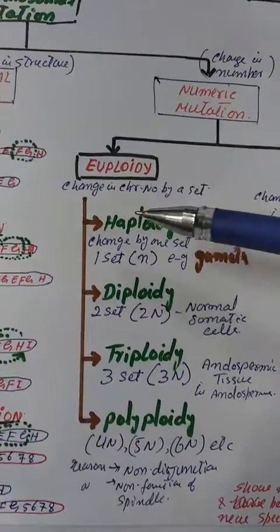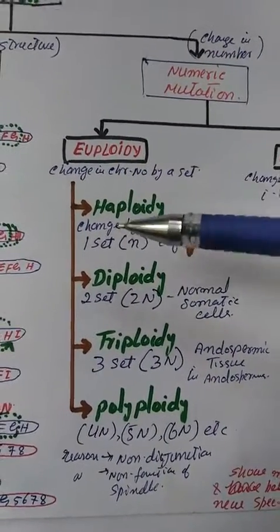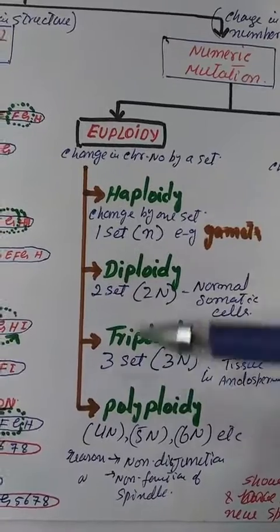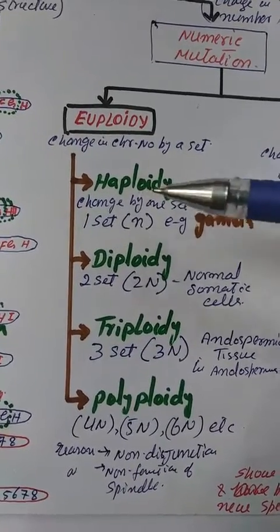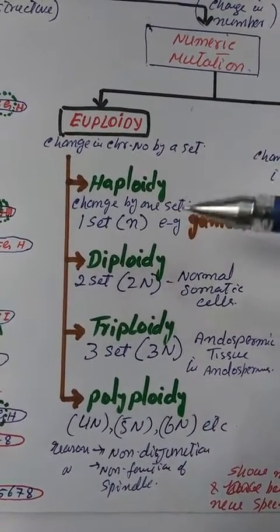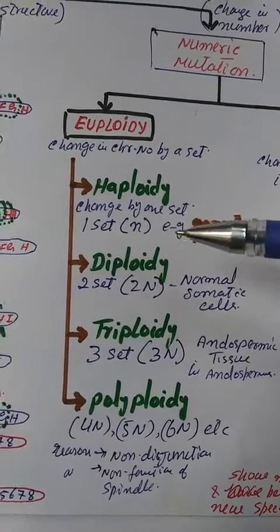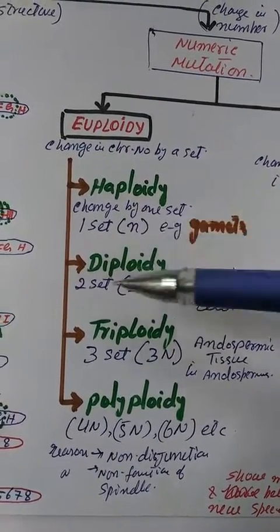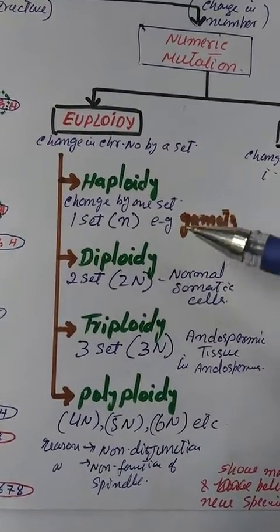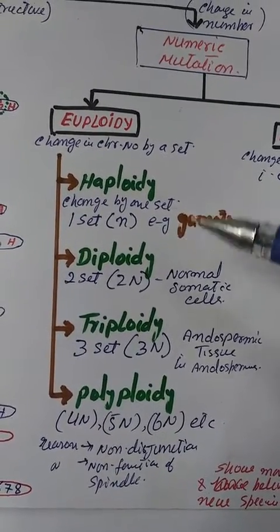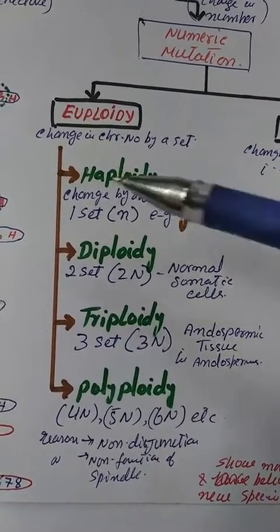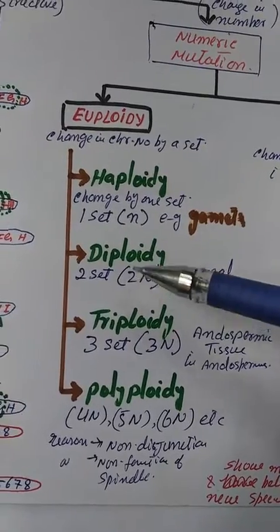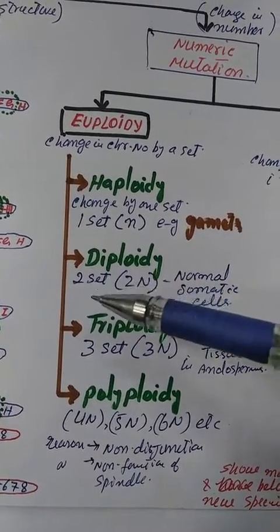As far as euploidy is concerned, it is of different types, such as haploidy, in which the chromosome number is changed by one set, represented by N, and we see this condition in gametes formed at the time of meiosis. Then there is diploidy. This condition is represented by 2N.